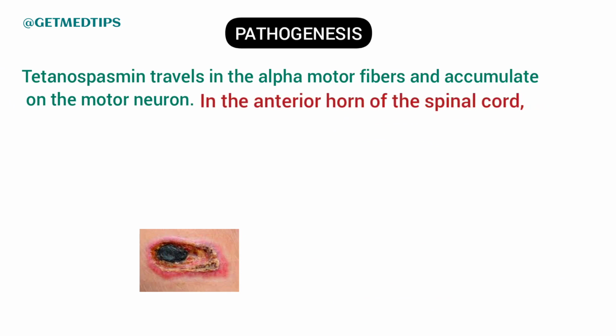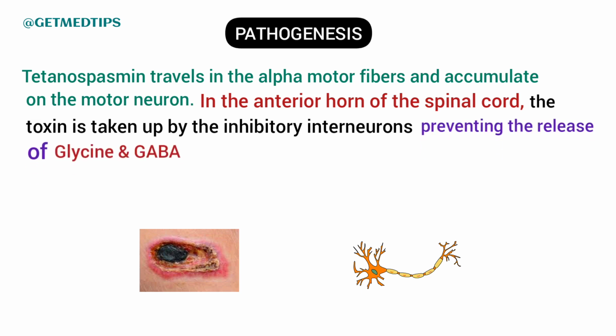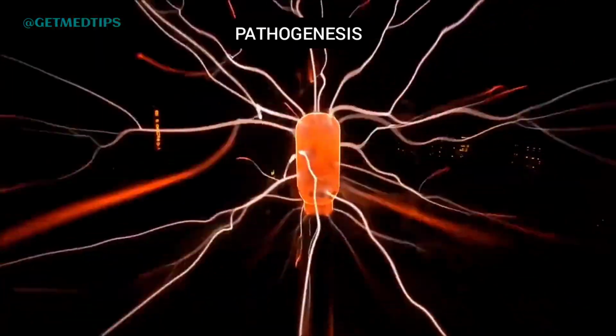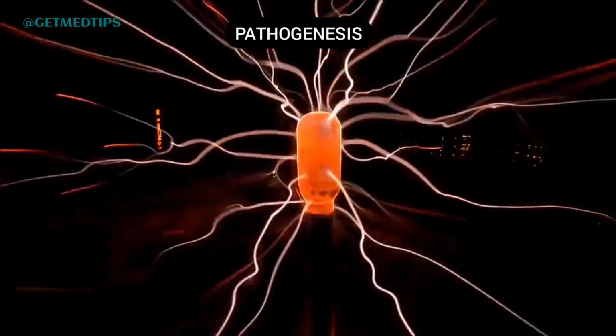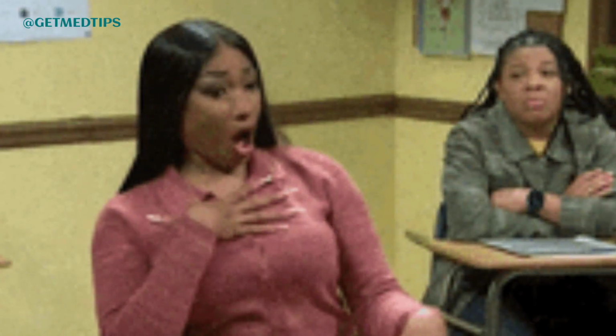In the anterior horn of the spinal cord, the toxin is taken up by the presynaptic terminals of the inhibitory spinal interneuron, preventing the release of inhibitory transmitters, especially glycine and gamma-aminobutyric acid. This results in the excessive discharge from the alpha motor neuron, causing uncontrolled spread of impulses, hyperreflexia, and constant muscle contraction. Natural tetanus infection does not confer immunity.